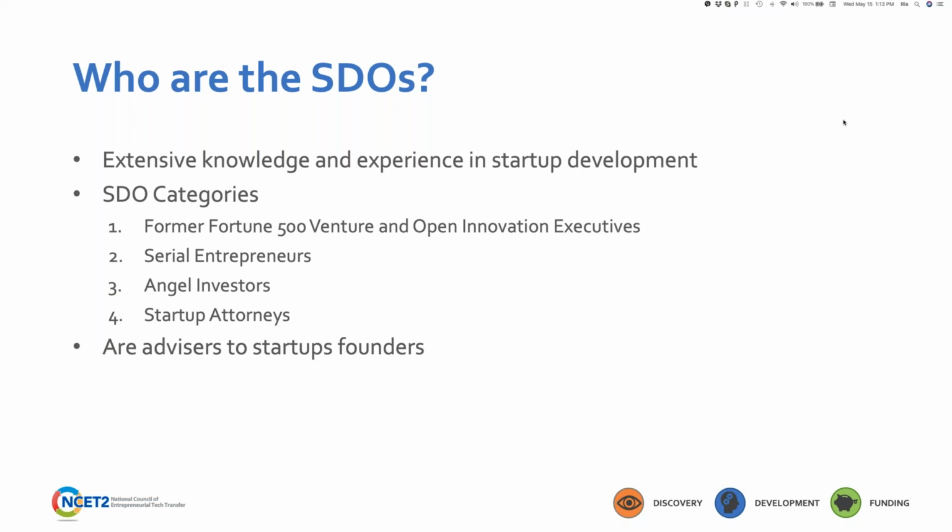The last category is a new category. We found out the hard way, in a sense, that a lot of these companies just don't get formed correctly, and so there's a lot of work to clean them up once we bring them into the program. So we're looking for startup attorneys that are interested in being SDOs to help them get on the right path.